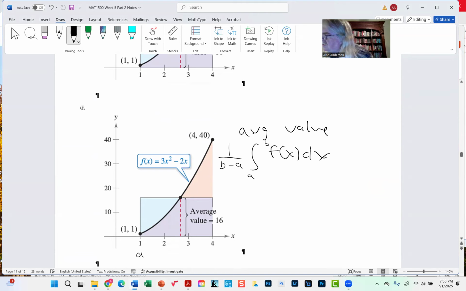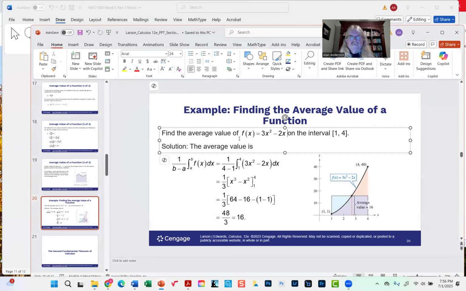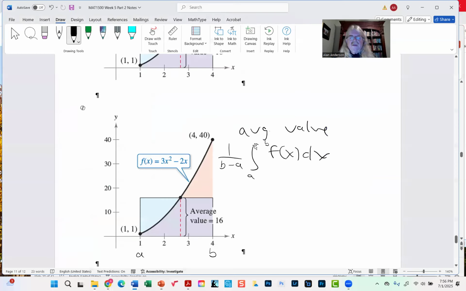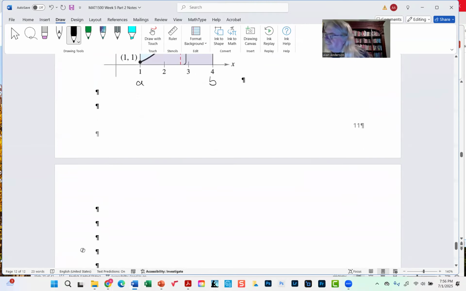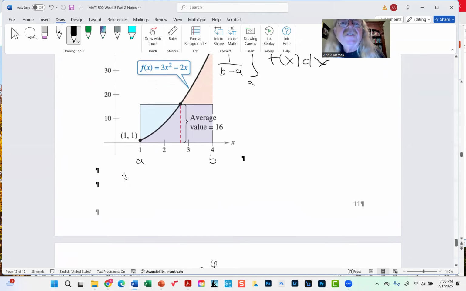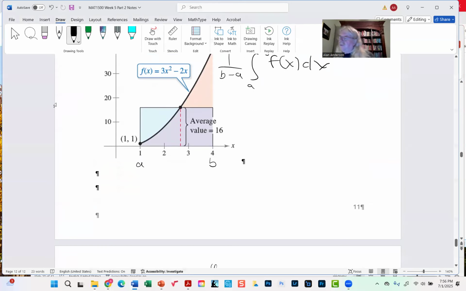Okay, so A is 1, B is 4, and the function is 3x squared minus 2x.